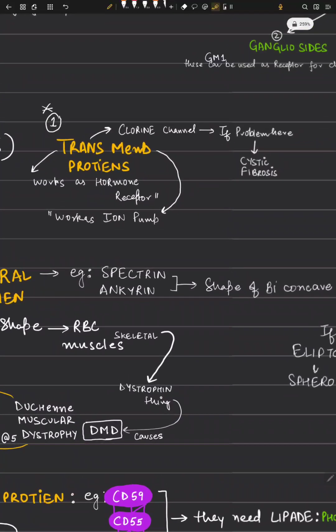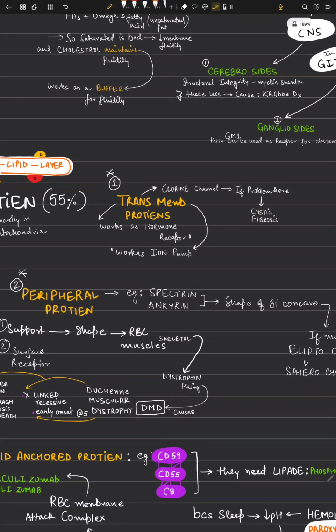Okay, let's talk about trans. Not a lot of things to talk about. Transmembrane proteins, trans means they span throughout the bilayer, and they work as ion channels.